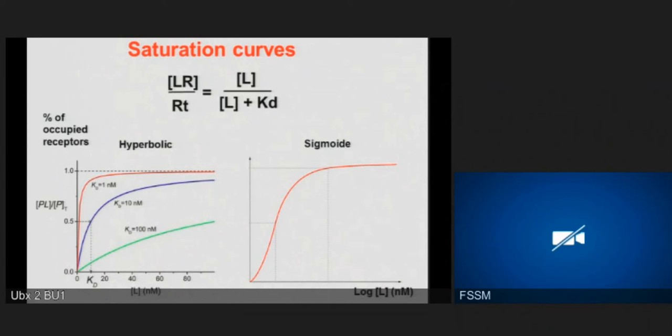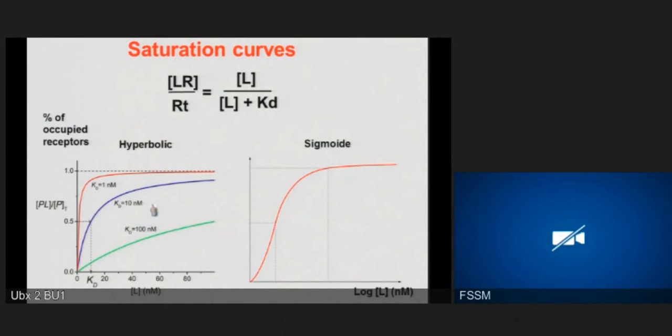For instance, for a KD of 1 nanomolar, for the red curve here, you will have 10 minus 9, corresponding in logarithmic concentration to 1 nanomolar.